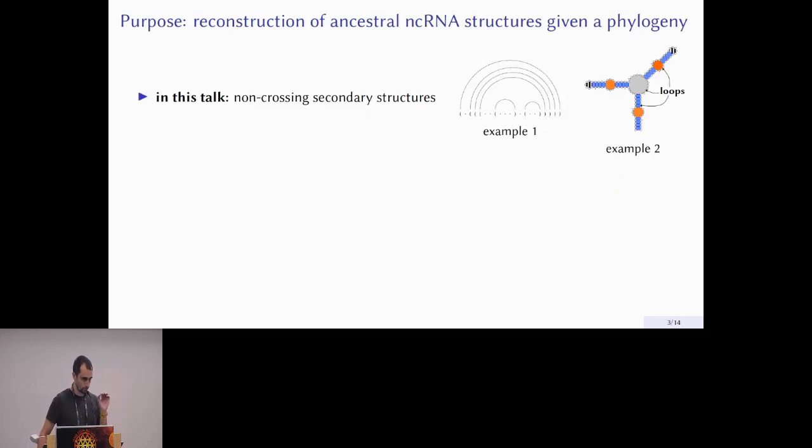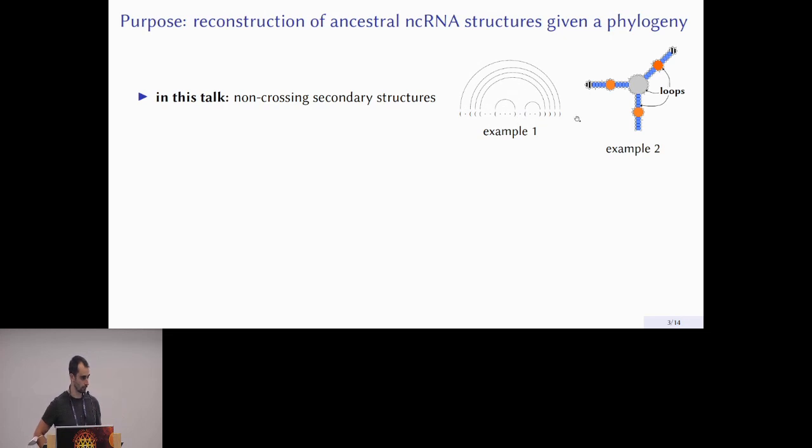To be more precise, in this talk, we will handle only what we call non-crossing secondary structures. These are RNA structures that are in bijection with well-parenthesized strings. They are specified by a list of base pairs, so pairings between nucleotides, and any two base pairs must either be well nested into one another or side by side, but they cannot cross.